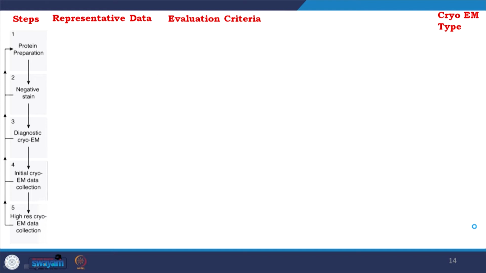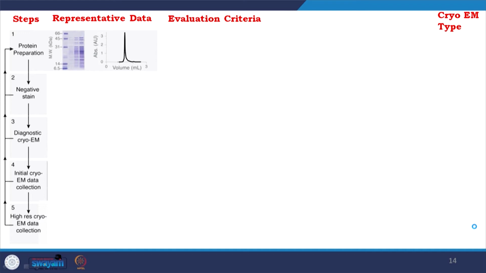So, I talked about the whole thing, but here I am explaining the case by talking about the steps taken, the representative data, how the data would be evaluated and the type of cryo-electron microscopy used. So, first it is sample preparation.